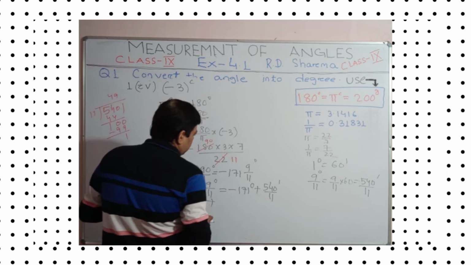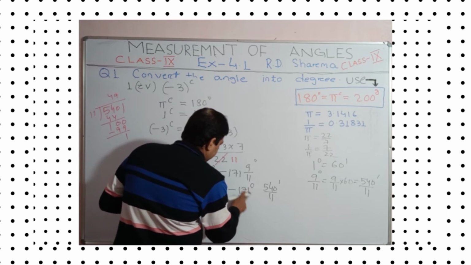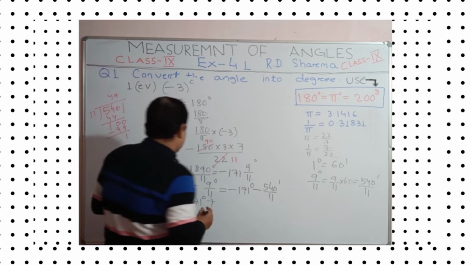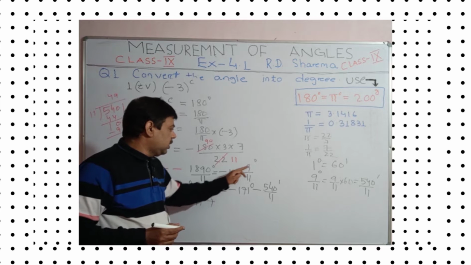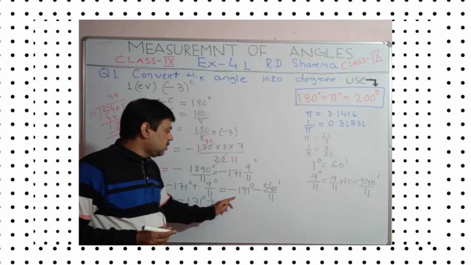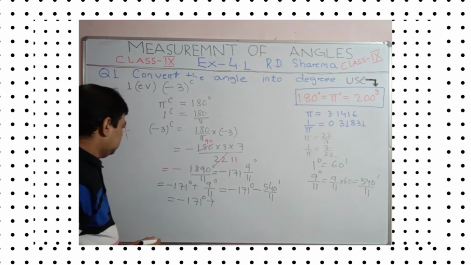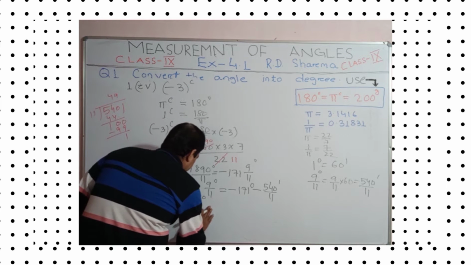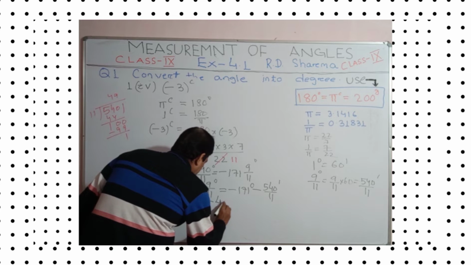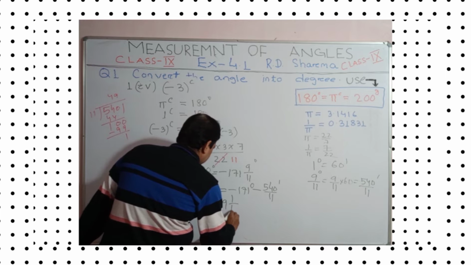And we can write this minus 171 degree, write down, plus, you see now, 540, it will be, really it will be, because minus sign will be minus sign here. Okay, understand, this will be minus sign. Minus 171 whole 9 by 11 degree is equal to minus 171 degree minus 540 degree by 11. Okay, so 540 by 11, it will be 49 whole, this sign will be minus 49 whole 1 by 11 minute.